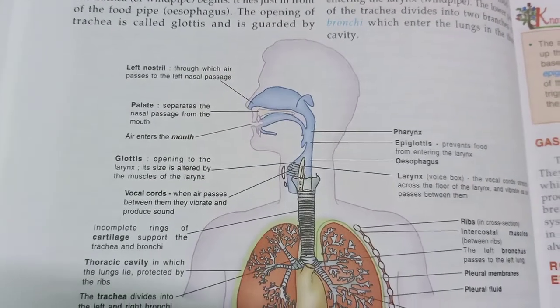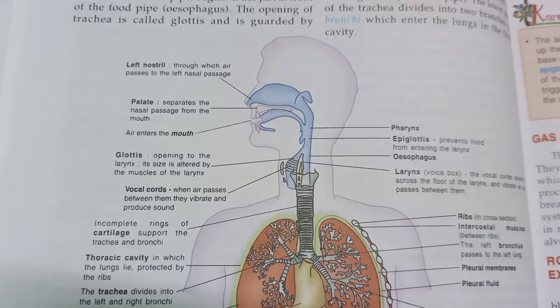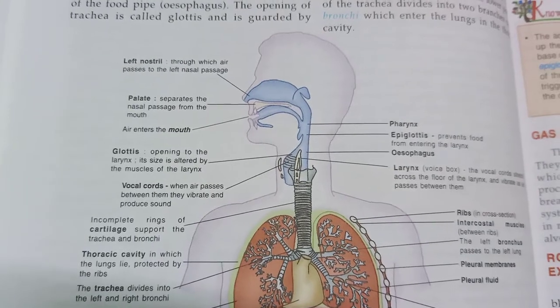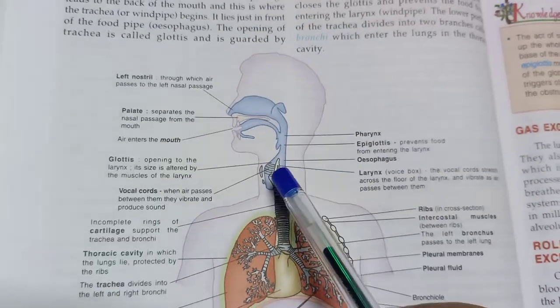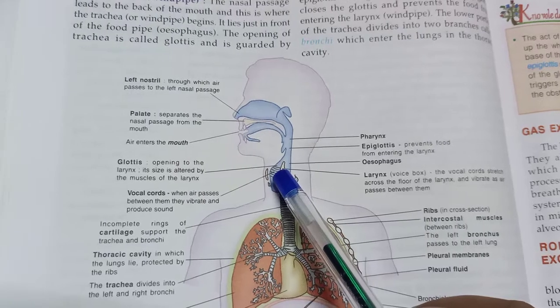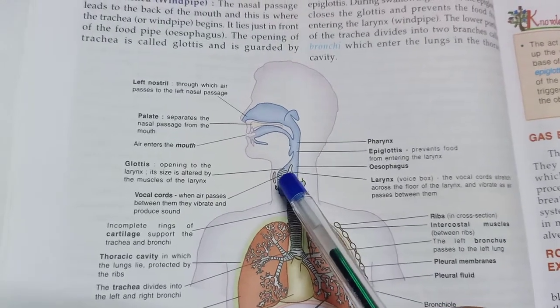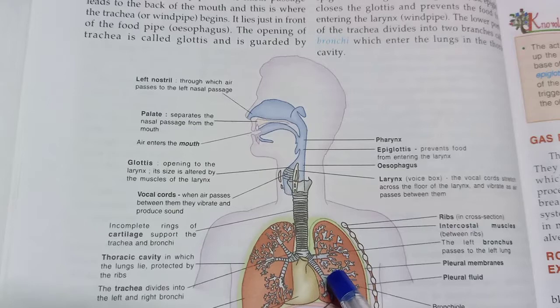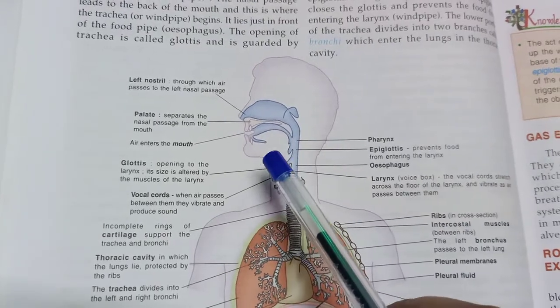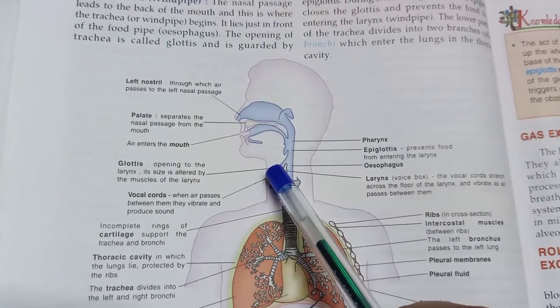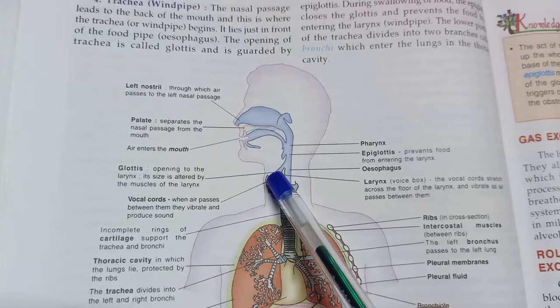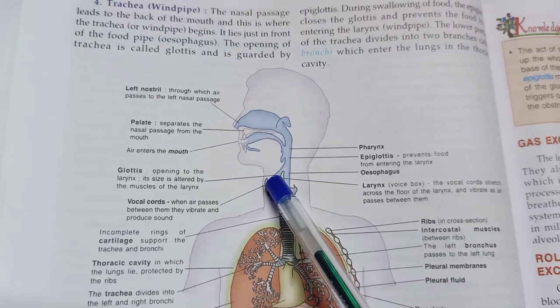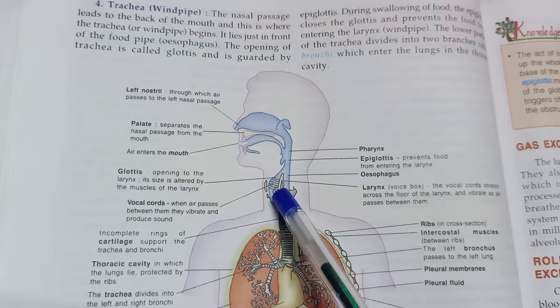Now this opening of the trachea is known as the glottis. You can see here that the trachea is divided, as I told you, into two parts, left and right bronchi, and this opening of the windpipe is known as glottis.